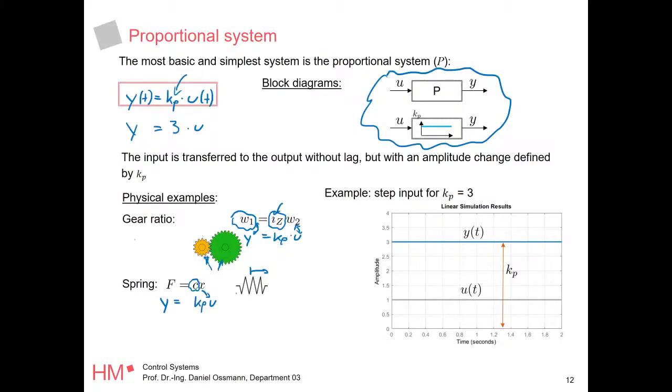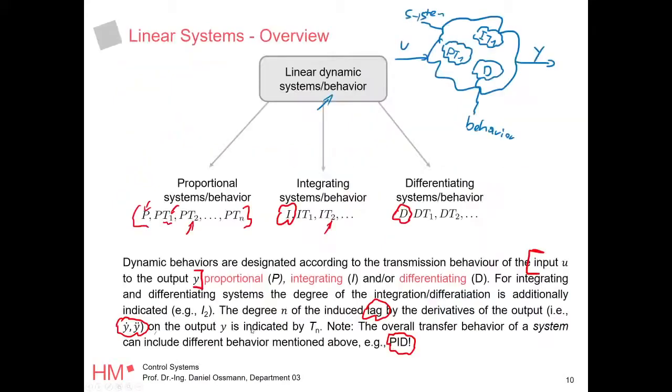Because now we're going to talk about proportional systems with lag. If you have an old version of the script, it's still called delay, but I'm going to use lag because I think it's the better expression. When you go back one or two slides, I said the introduced lag is only defined by the derivatives of y, so y dot, y2 dot, y3 dot.